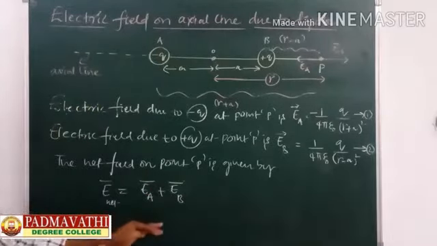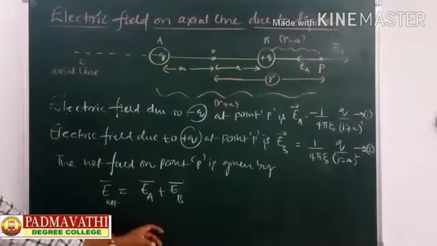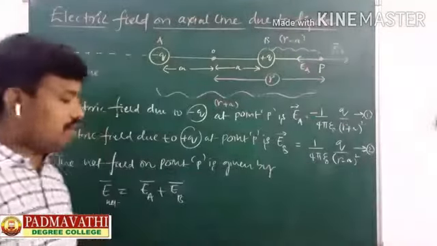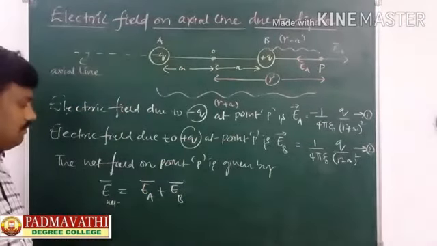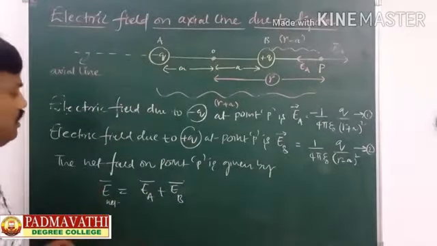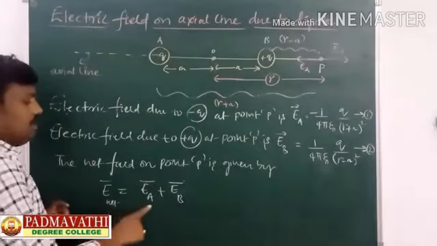We can calculate this very easily. This is only magnitude, and we can calculate it according to the steps here. E net equals EA plus EB.